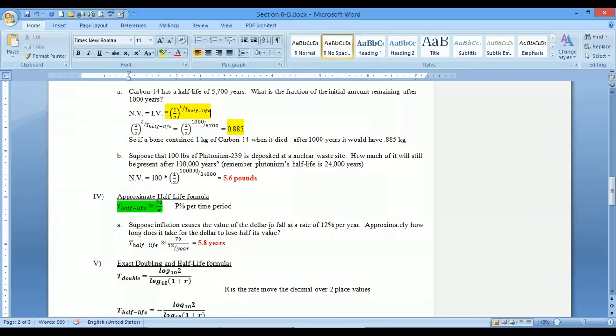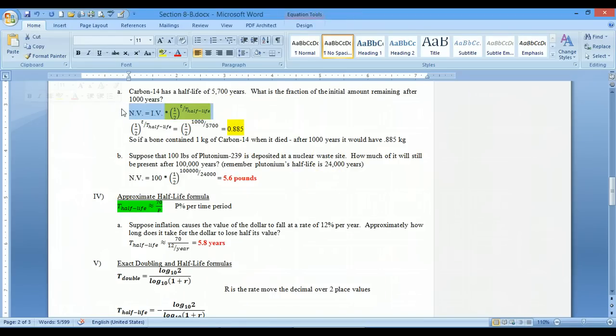Suppose that 100 pounds of plutonium-239, now remember this is a radioactive element, is deposited at a nuclear waste site. How much of it will still be present after 100,000 years? Now remember, we gave you plutonium's half-life is 24,000 years. So we're going to use our formula.